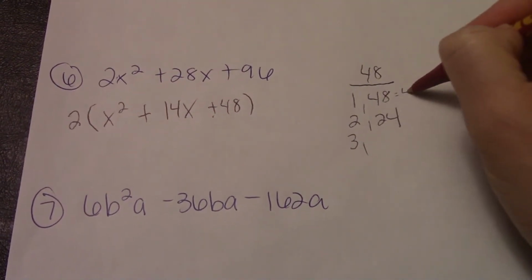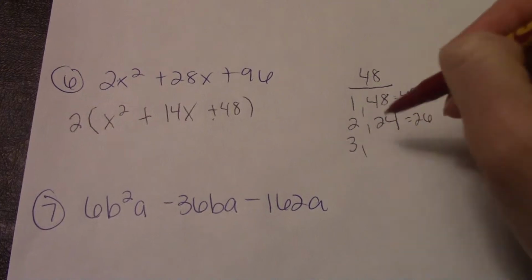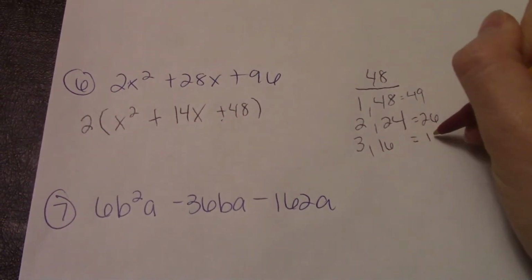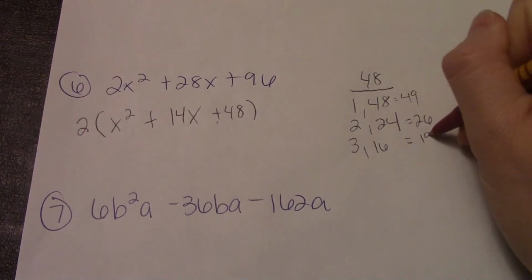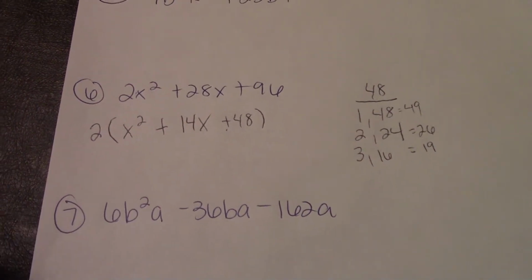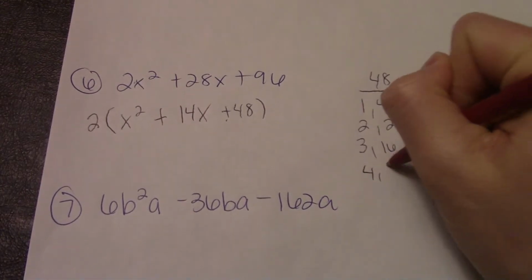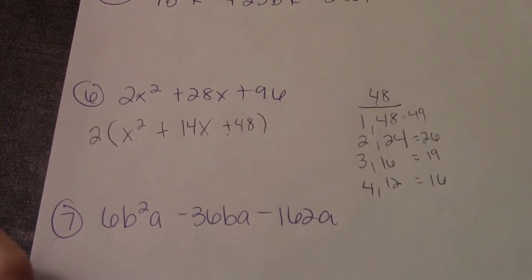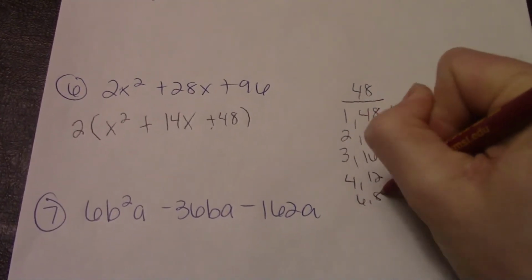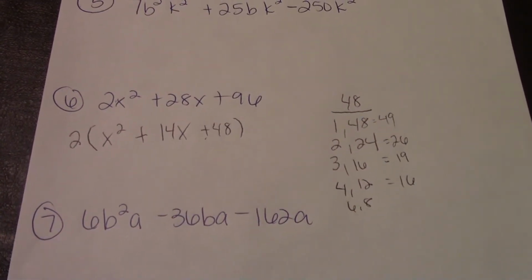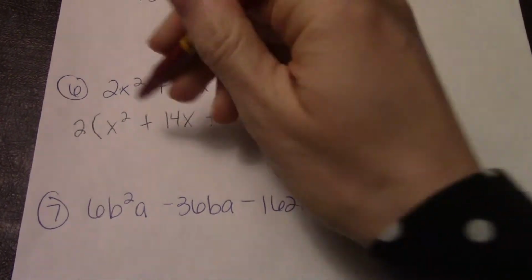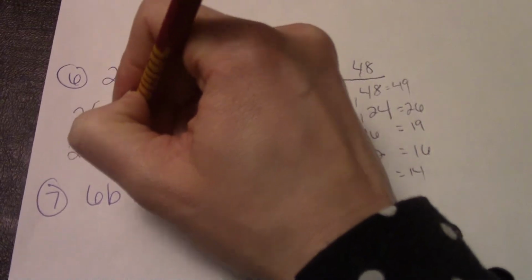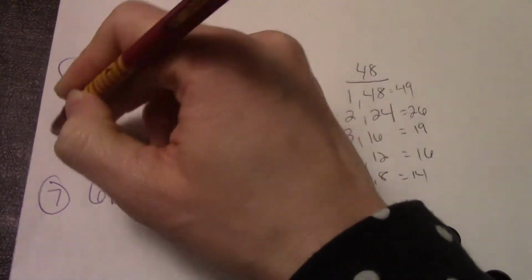That's going to be 26, we're still too big. 48 divided by 3 is 16, which is 19, still too big. 48 divided by 4 is 12, which makes 16. 5 doesn't go in it, so we're going to divide by 6. So we got 6 and 8. 6 plus 8 makes 14. We want 14, so there we go. So 2 parentheses, x plus 6, x plus 8.